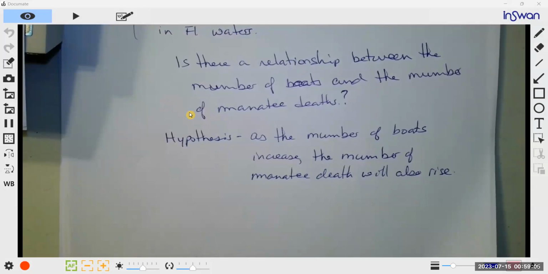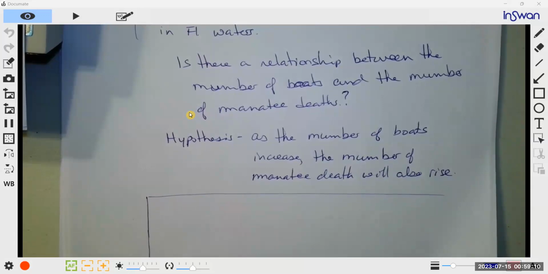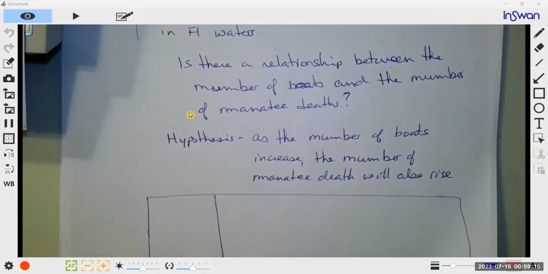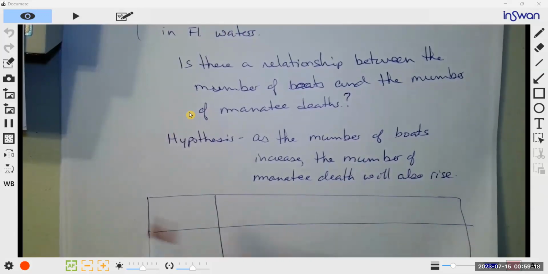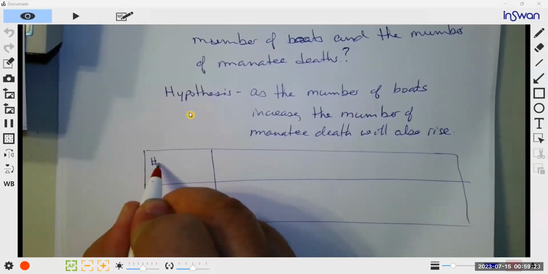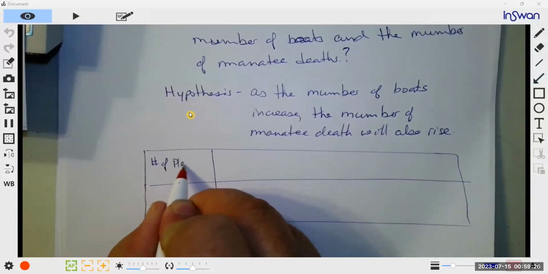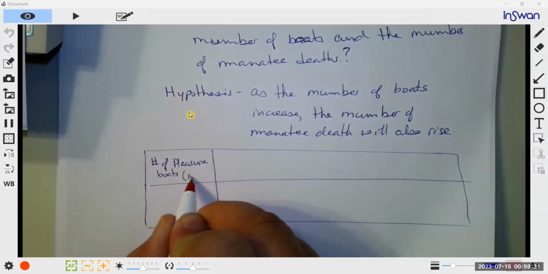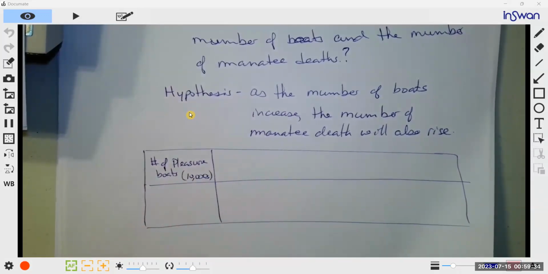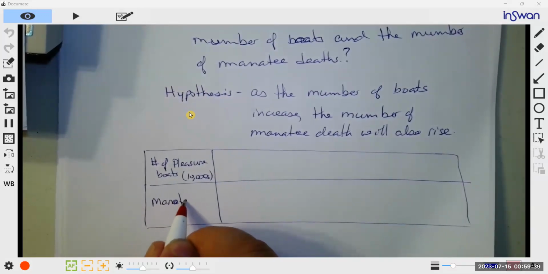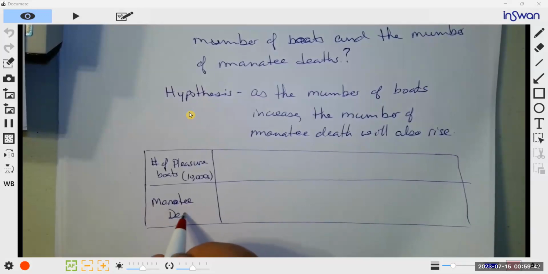So the book gives us a data set. It looks something like this. Number of pleasure boats in 10,000s, and manatee deaths.